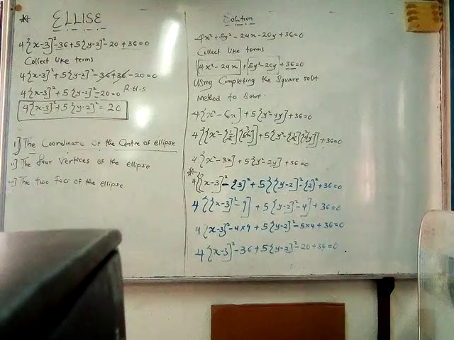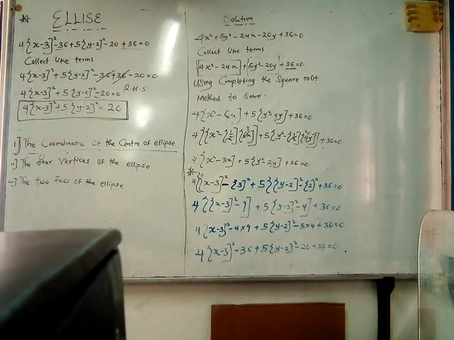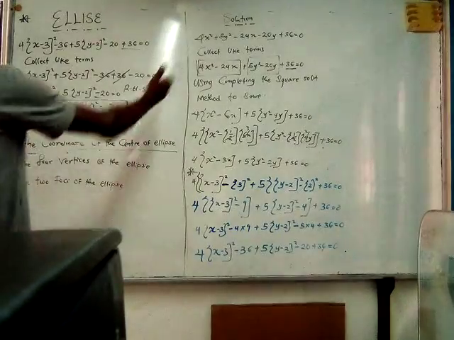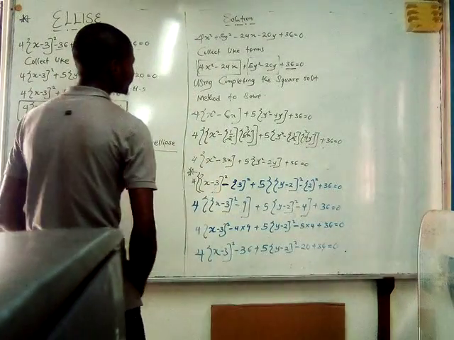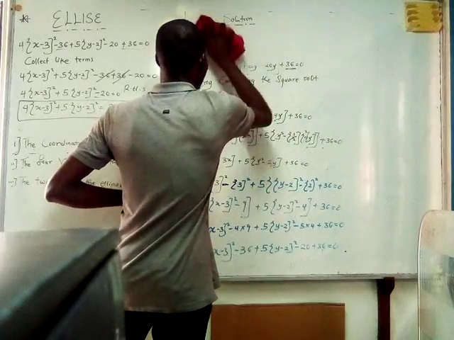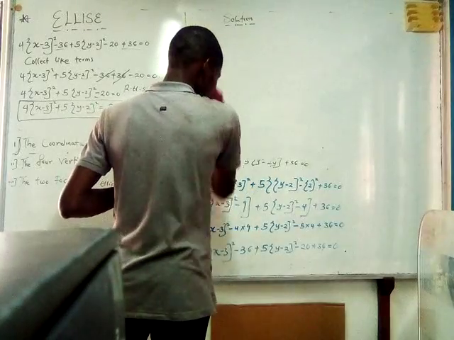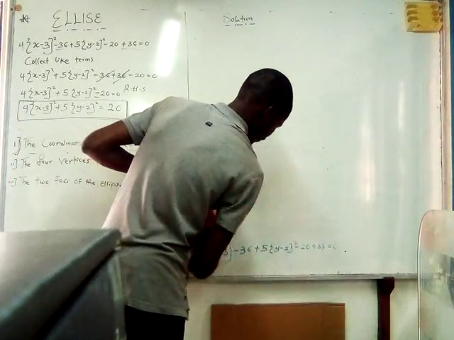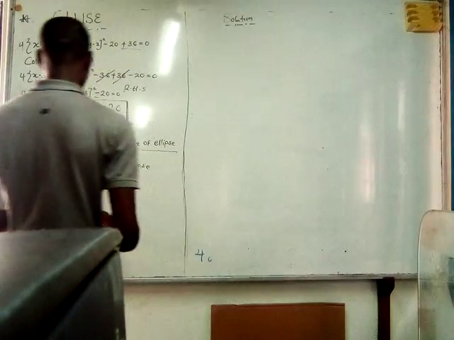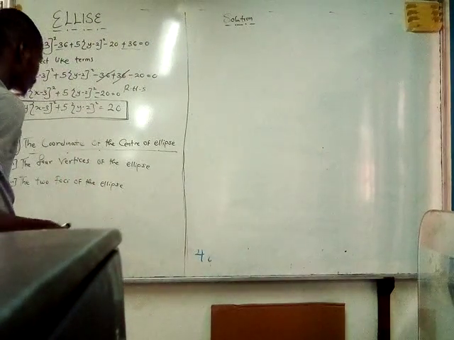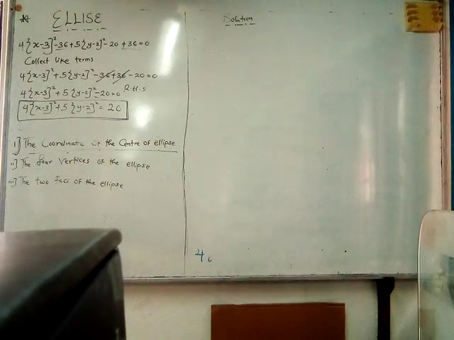So the next step is we are going to divide both sides by 20. We are dividing both sides by 20.